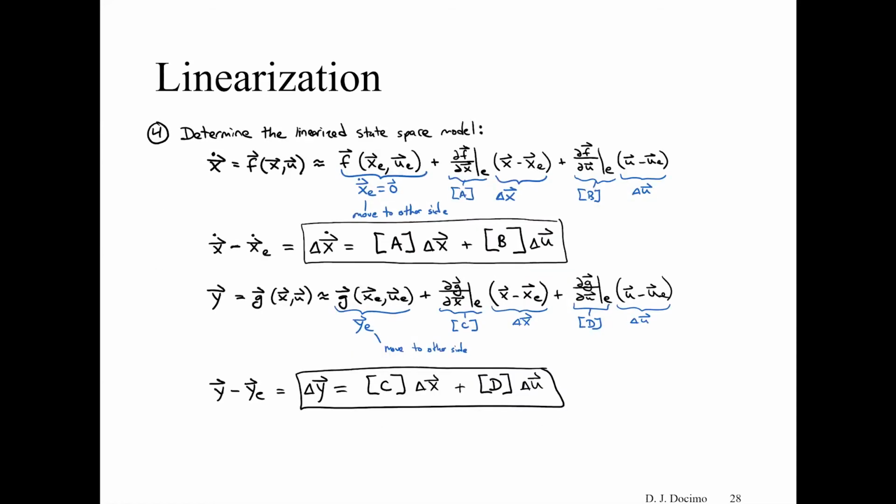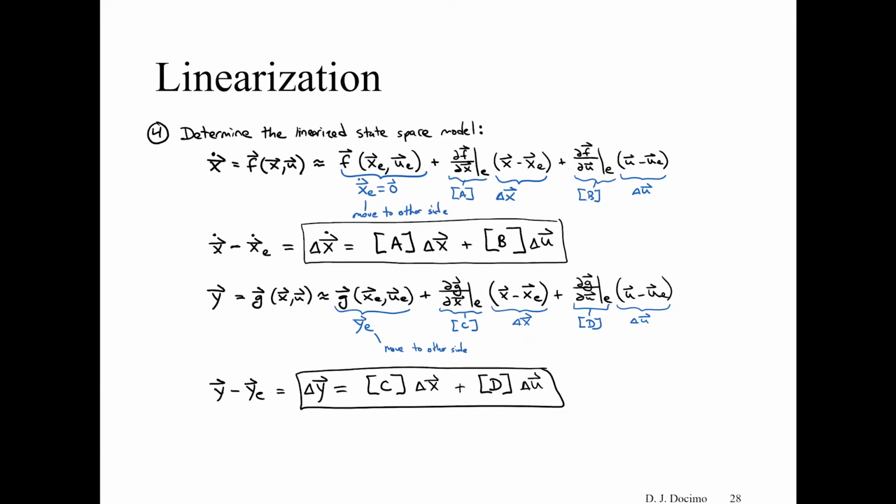The last step is to determine the linearized state space model. In this case, x vector dot, which is equal to that function f of x and u, we can approximate using the same equation that we had before. We evaluate f at equilibrium, but since we're evaluating at equilibrium, it's going to be equal to 0, but we'll keep it just in case. That is added to the derivative of the function with respect to all those states evaluated at equilibrium.